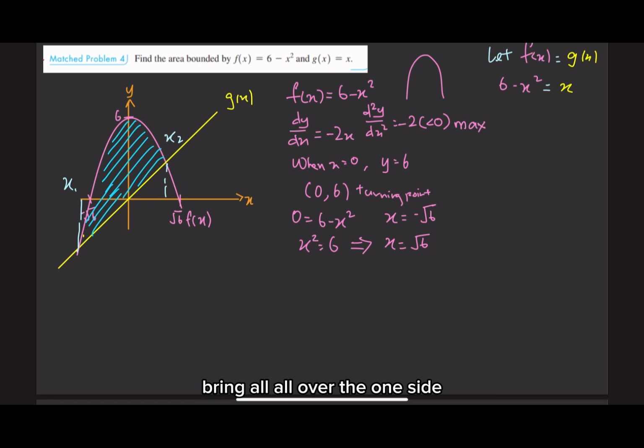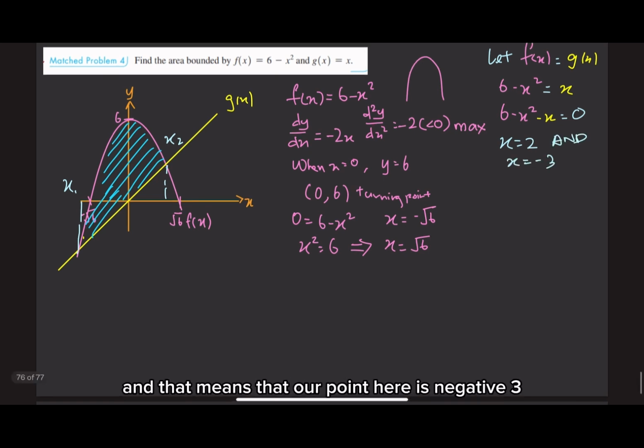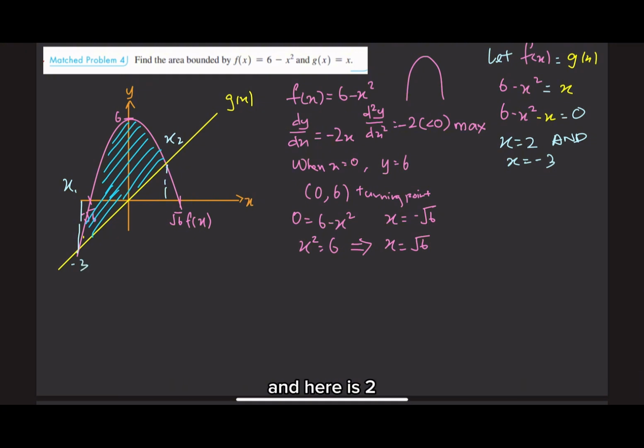Bring all over to one side, you get 6 minus x squared minus x equals 0, right? And use the quadratic formula or just type into your calculator. You will get x equals 2, or x equal to negative 3. And that means that our point here is negative 3 and here is 2.